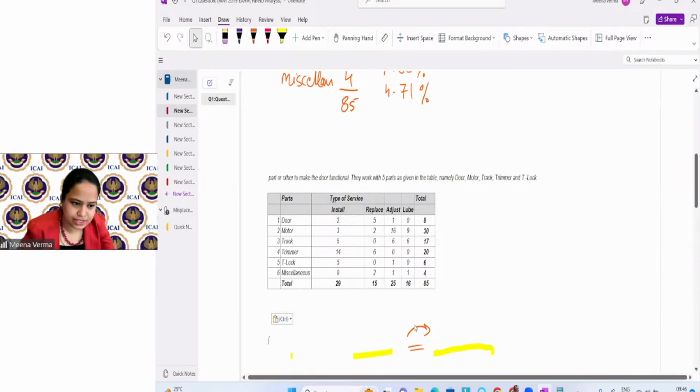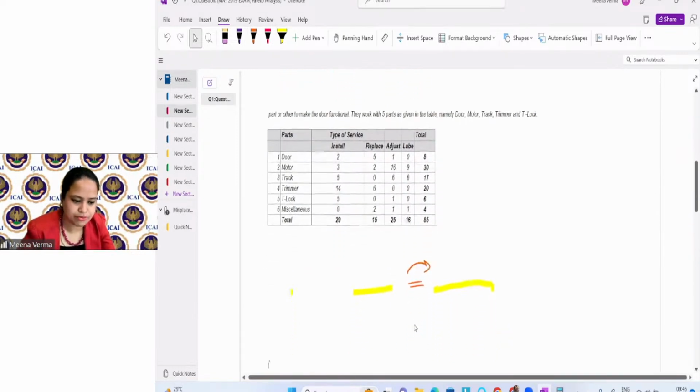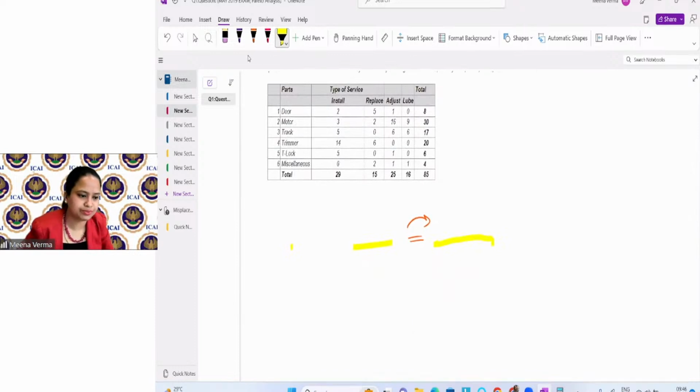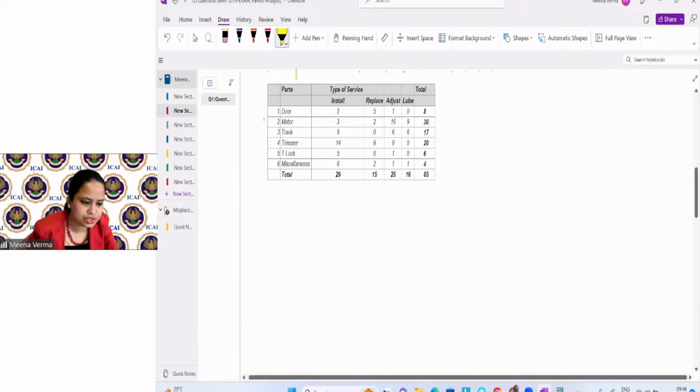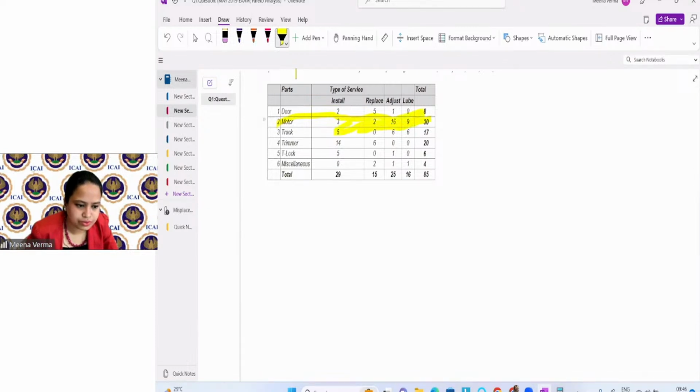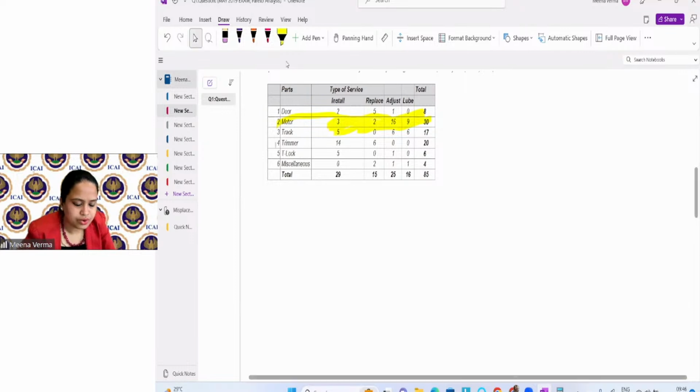Okay, so we have the data. Now we will prepare it for motors. All right. So where is the motor? This is the motor. So what do we have here?